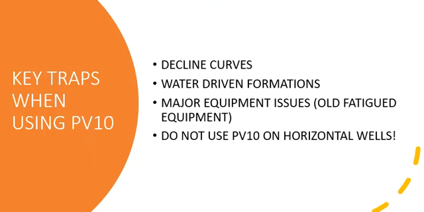Major equipment issues, I see it all the time. Guys buy wells and they do not factor in the fact that they're going to have to start replacing bearings, pumping, pump jacks, casing, holes in casing, a multitude of things. You got to remember these older wells, they're exposed to salt water, the elements, all of these things, so stuff is going to start to break down.